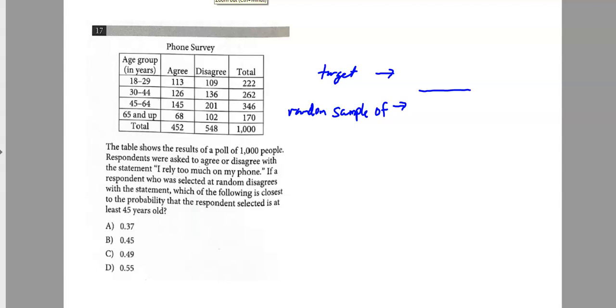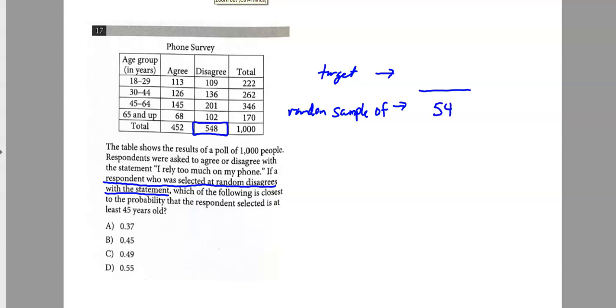Respondents were asked to agree or disagree with the statement, I rely too much on my phone. If a respondent who is selected at random disagrees with the statement, so that's important right there. So out of all the people that disagreed, those are the only choices that are in the hat.